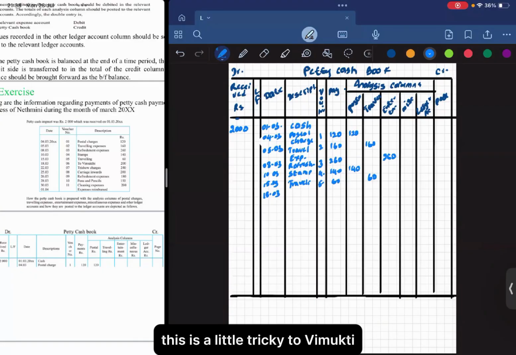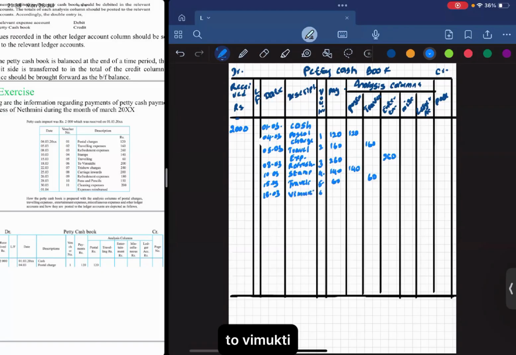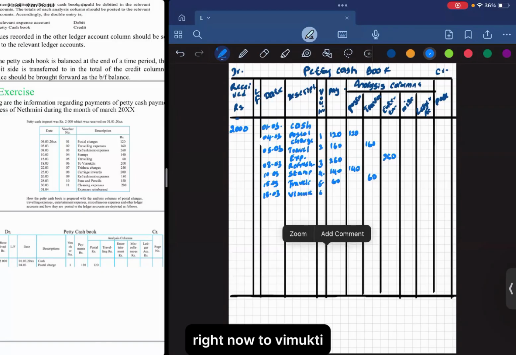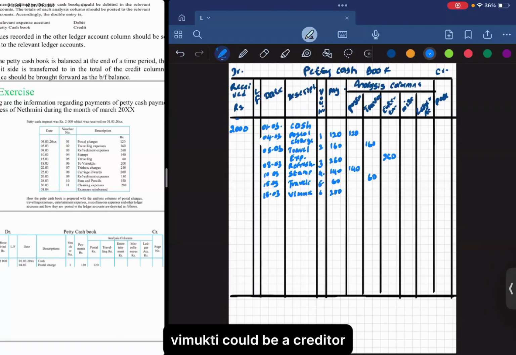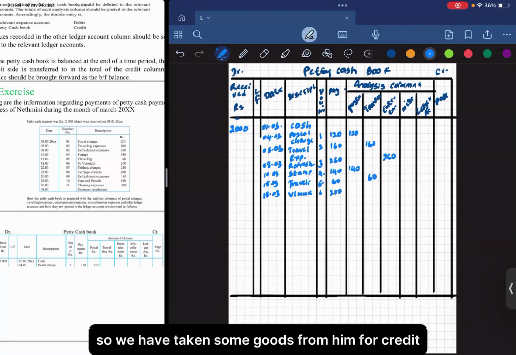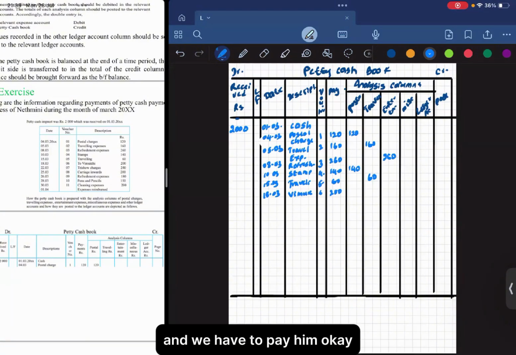Now this is a little tricky. To Vimukti, they have made a payment of 200. So ideally, Vimukti could be a creditor. No, Vimukti is a creditor. So we have taken some goods from him on credit and we have to pay him.